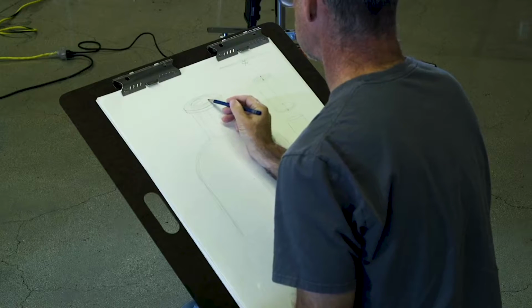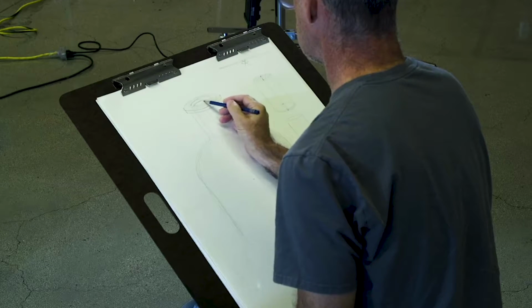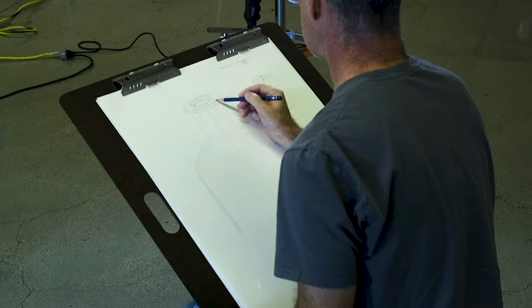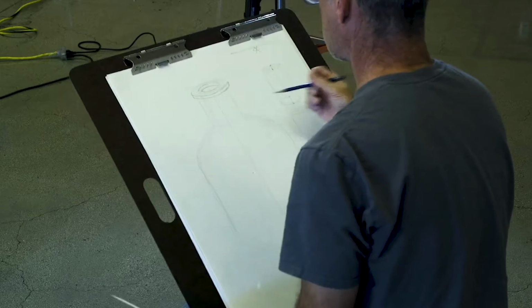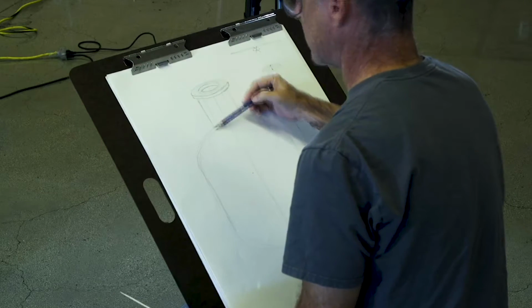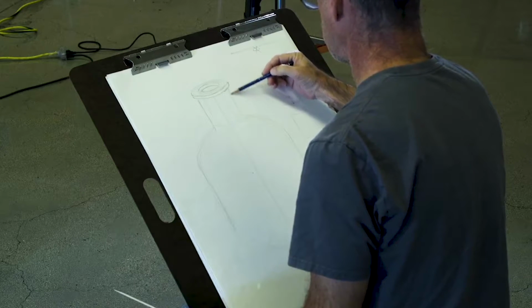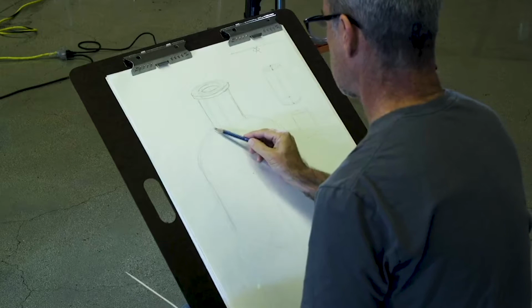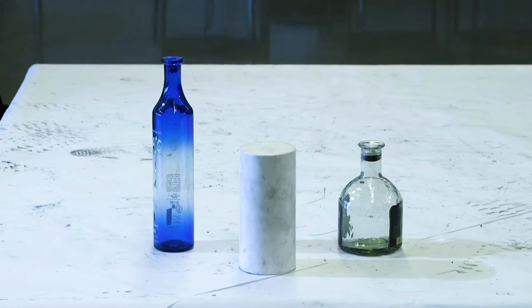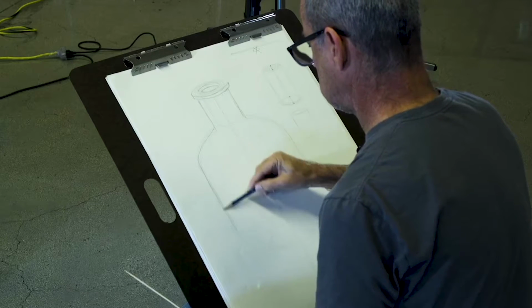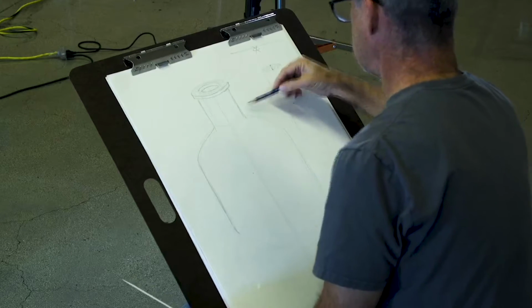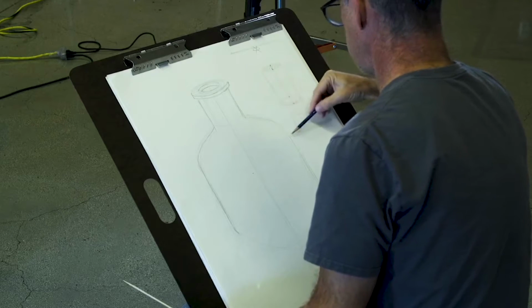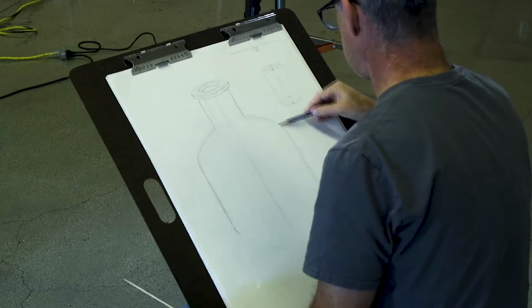We'll talk about that in a second. I'm going to hold off on doing anything like the bands or the labels or anything like that. Notice how I'm holding the pencil further back. Also notice as I start to darken these lines, they become the ones that are obvious. The other ones just give you a little bit of animation, I reckon.